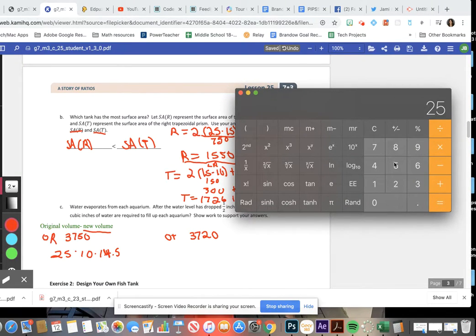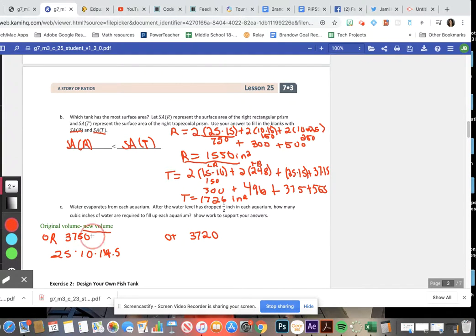That's 3,625. Okay, so it'd be the new volume, and then I'll eventually subtract and see what this would be.